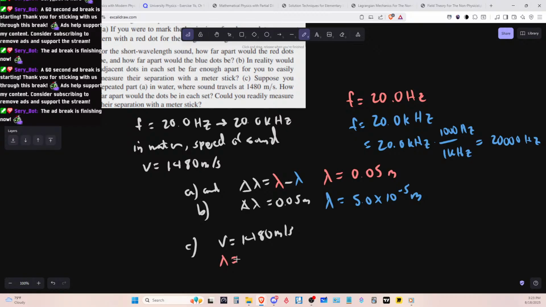So if we have that divided by, this one is going to be 74 meters, and for the blue one it'll be 20,000 hertz, so it's going to be 0. meters.